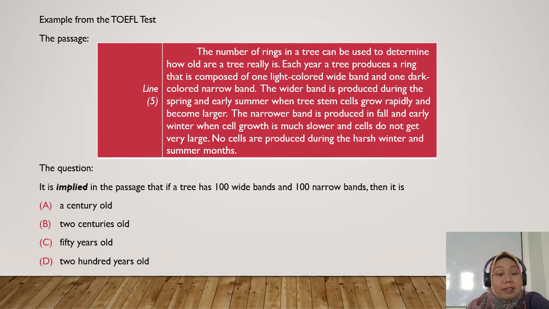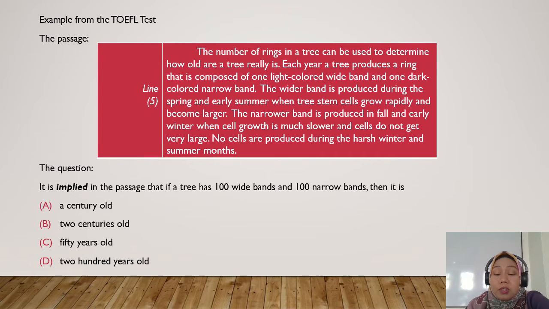Let's take a look at the example. Here, the question is, it is implied in the passage that if a tree has 100 wide bands and 100 narrow bands, then how old is the tree? We will try to find wide bands and narrow bands here in the passage.